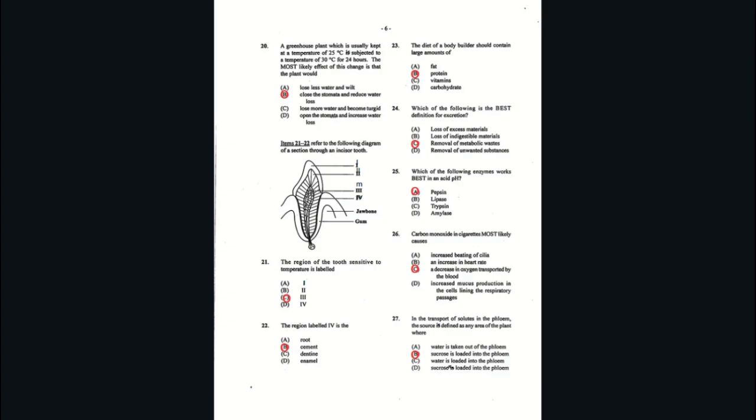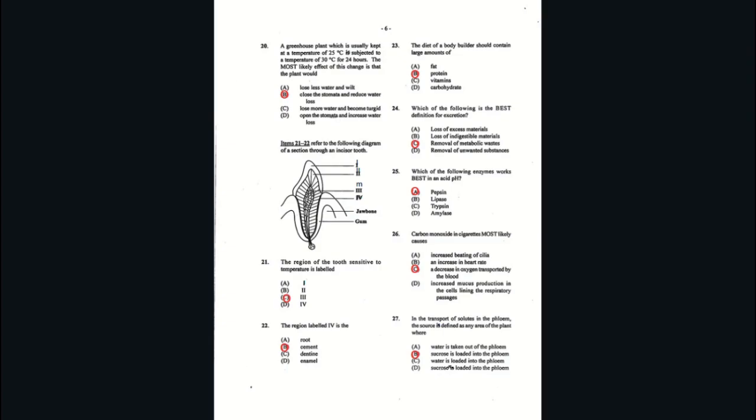Then it says, which of the following is the best definition for excretion? Let's go through the options here. A says loss of excess materials. B, loss of indigestible materials. C, removal of metabolic wastes.